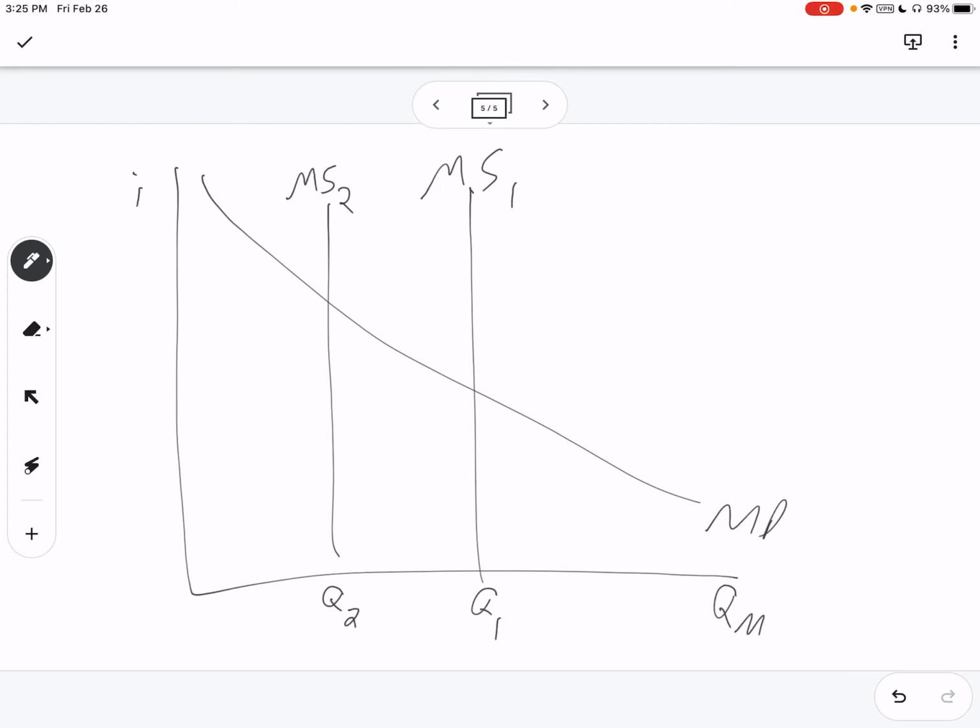And what happens? Well, this is where we were, and this is where we wind up. So interest rates rose. Okay. And again, what happens when interest rates rise?